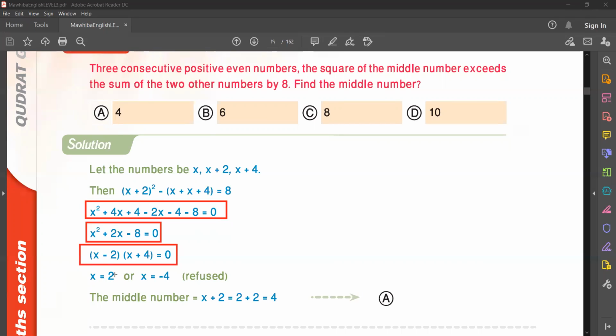Then x equals 2, or x equals minus 4, which is refused because it is negative. So now he asked me about the middle one, x plus 2. I find x is 2. Then you substitute here, 2 plus 2 equals 4.